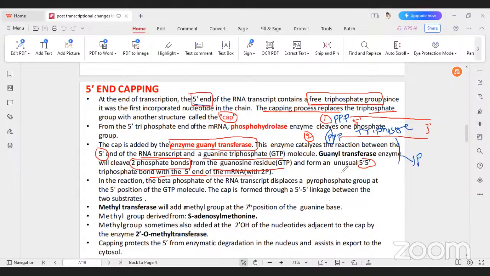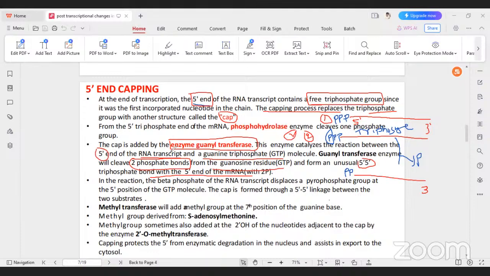Now it has only two phosphates, and the rest remains as it is. Please add this as the second step.